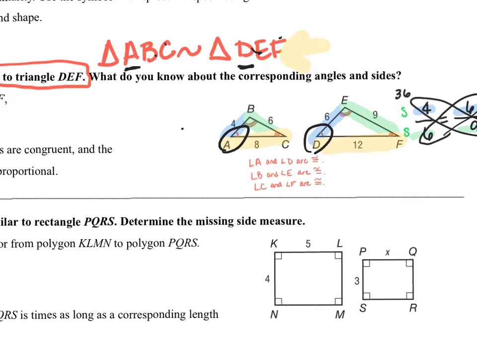Okay, so when I read my line, if I read my line as AB, like I did right here, I would need to read the line as DE because that's how they're proportional by AB. So that's going from this angle to this angle, so you go from that angle to that angle. So I can't write AB over ED.